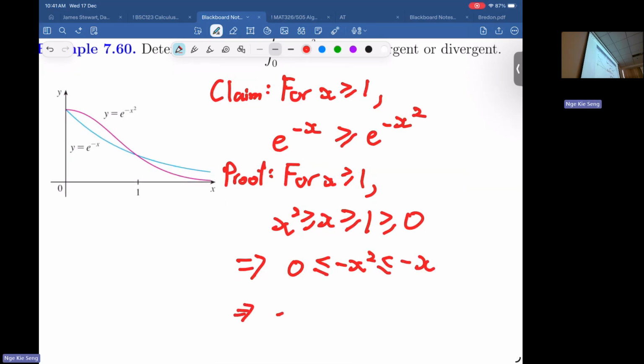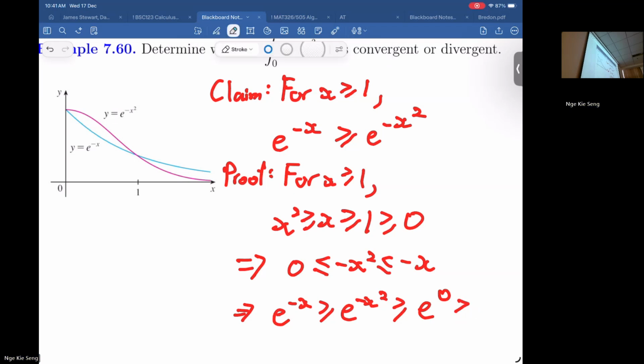And then this implies that e to the minus x is greater than or equal to e to the minus x squared, which is greater than 0. Does it make sense? So we have shown this blue graph is greater than or equal to the red graph in the region of x from 1 to infinity. Make sense?